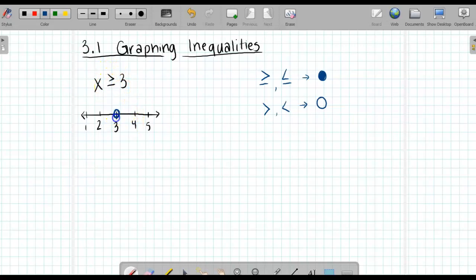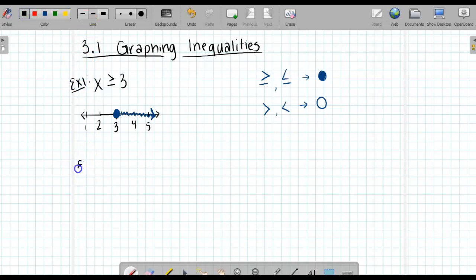So right here at 3, I'm going to use a closed colored in circle because 3 is included in our answer. And then this tells me that the numbers that are solutions are greater than or equal to 3. So the numbers that are greater than or equal to 3 are 4, 5, 6. So everything on this side. So I'm going to shade this side of the inequality. So that is our first example.